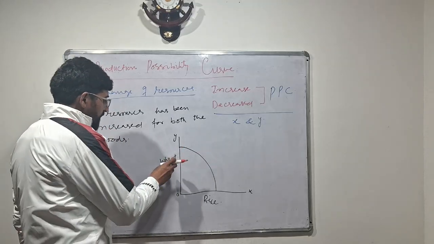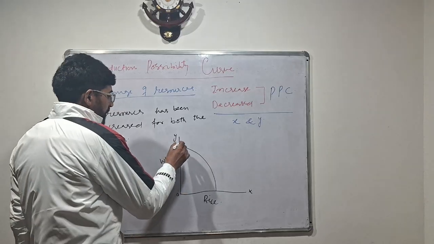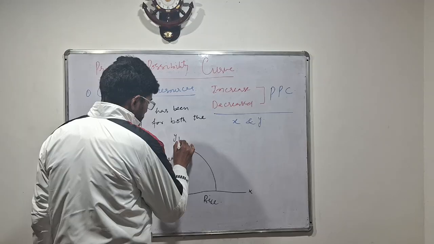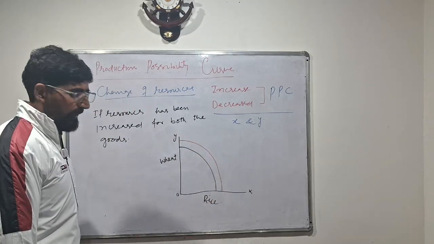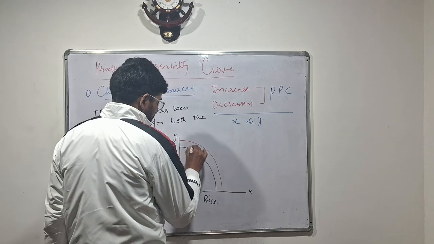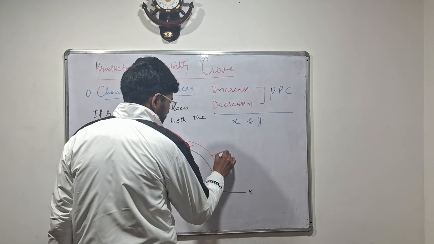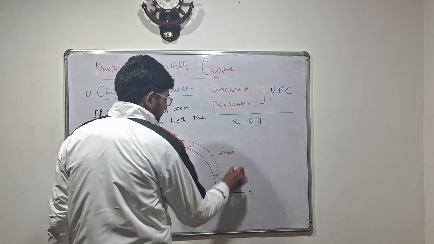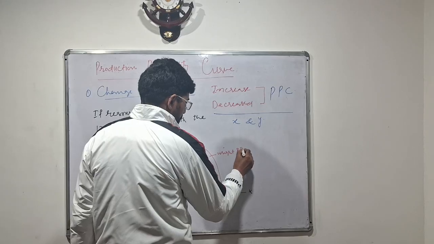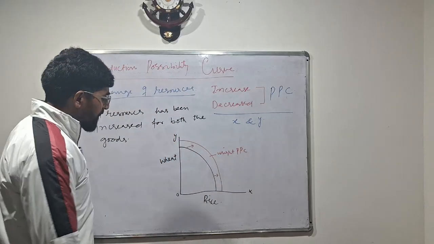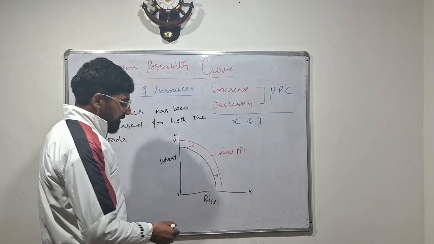Then the production possibility curve will shift outward, rightwards. Rightward shift of PPC. Why? Because for both wheat and rice, resources have been increased.